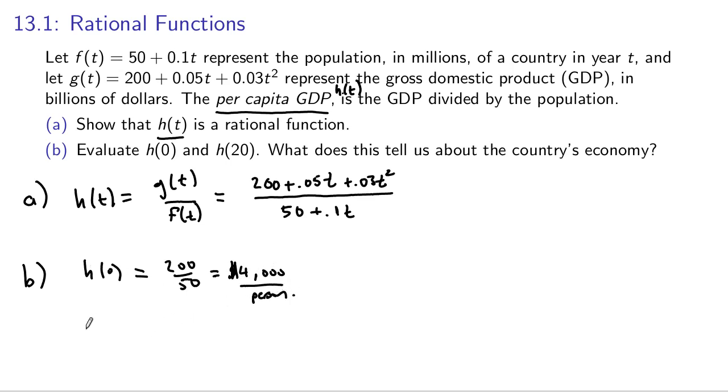That's h of 0. For h of 20, we need to put in 20 for t, which when we do the evaluation, we'll get $213 billion in the numerator divided by 52 million people, which is about 4.096, or about $4,096 per person.